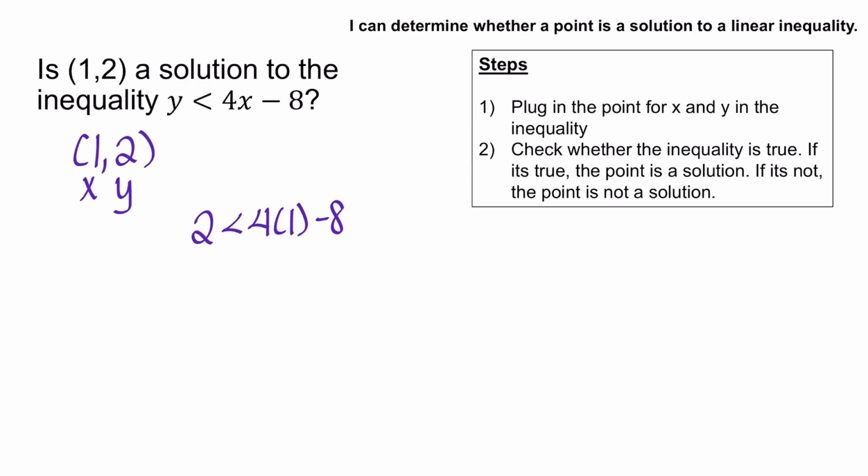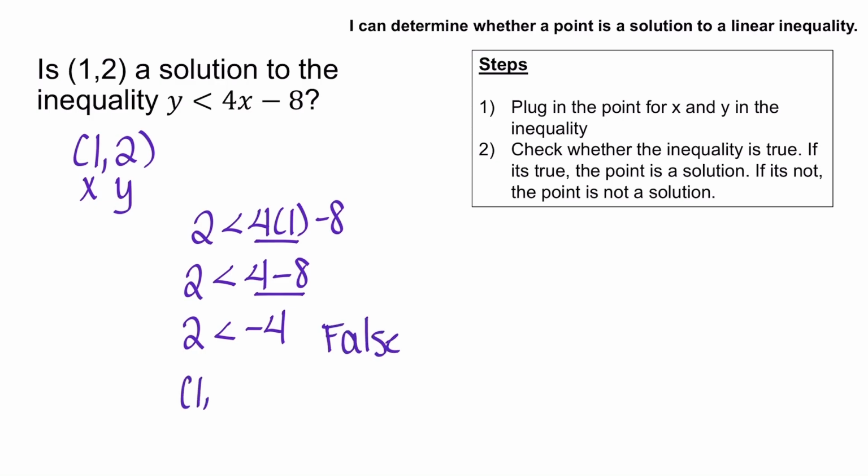We're checking if this is true, so let's simplify. 2 < 4 times 1, which is 4, minus 8. So we have 2 < 4 - 8, which is -4. Well, 2 is not less than -4, right? So that means this is false. What that's telling me is that (1, 2) is not a solution to this linear inequality.